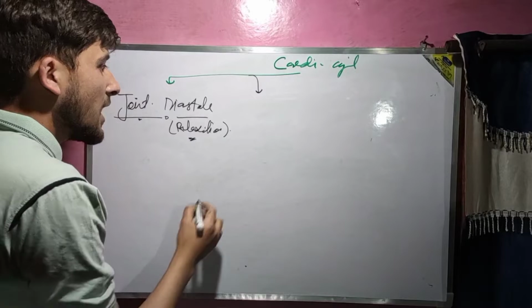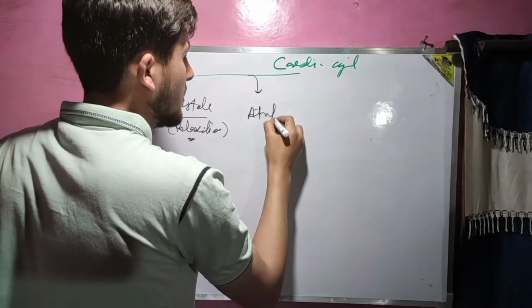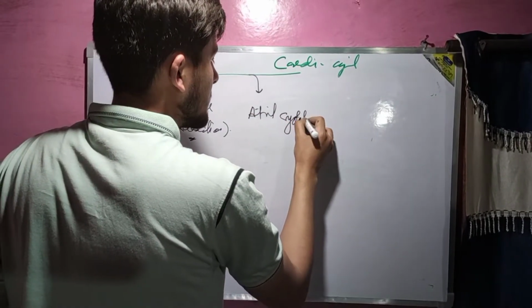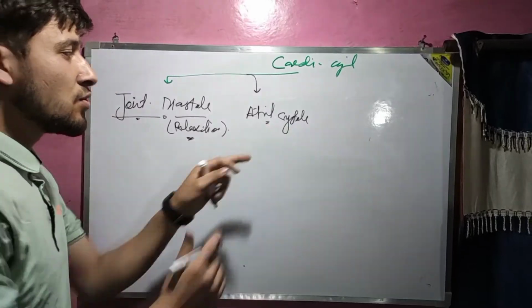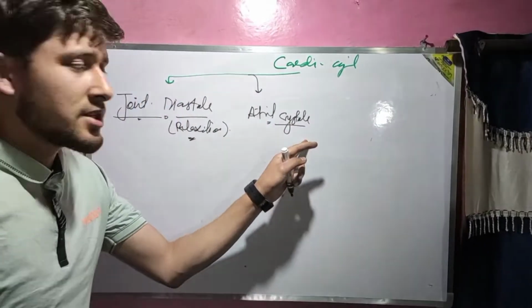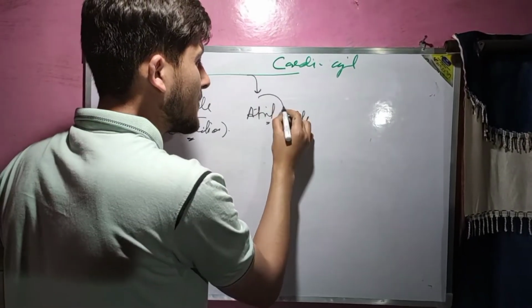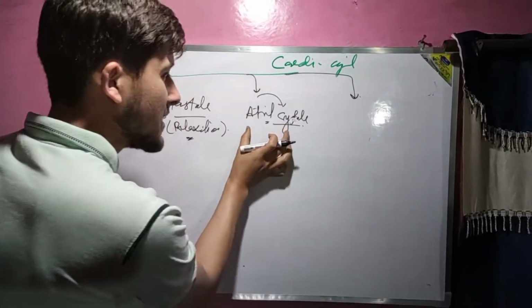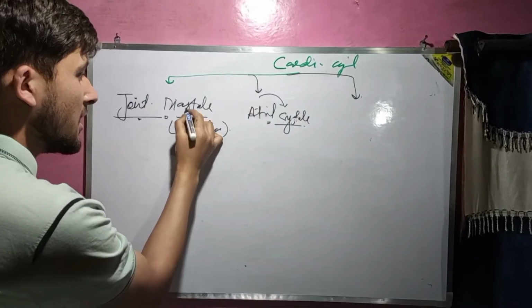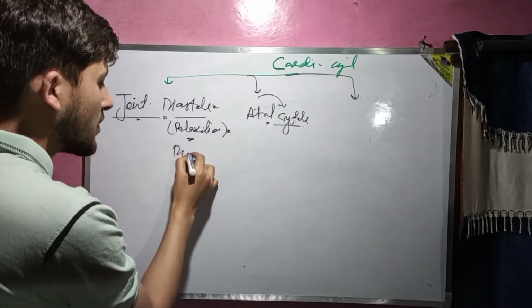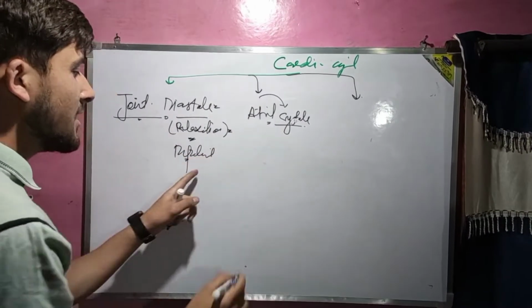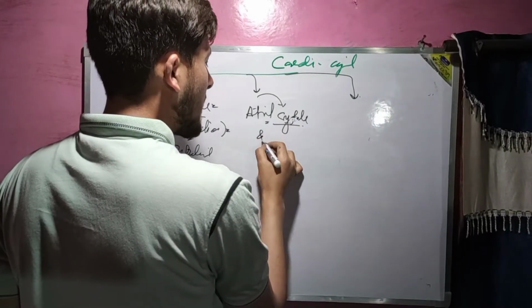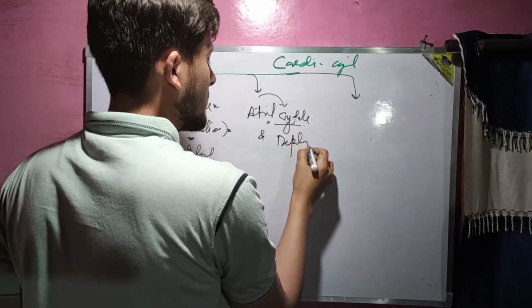The second phase is atrial systole. Systole means contraction, so the atria will contract in atrial systole, which we can also call atrial depolarization. Diastole, relaxation and repolarization are similar terms, as are atrial systole and atrial depolarization.